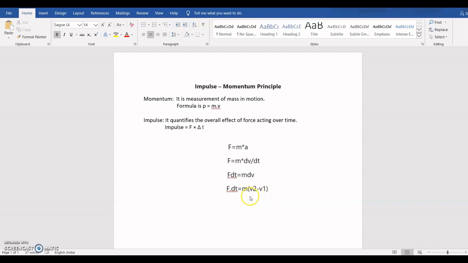So we can call it final momentum minus initial momentum. So we have such a relation here. Note here the final momentum is more than the initial momentum, right? In some cases it might be the opposite. If v1 is greater than v2, then it will be mv1 minus mv2.